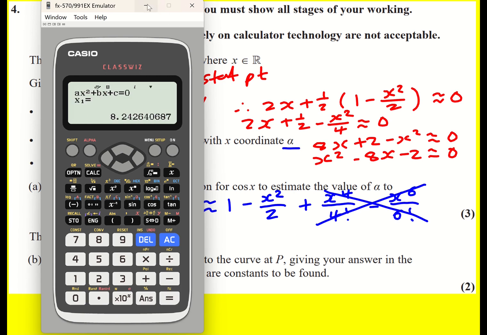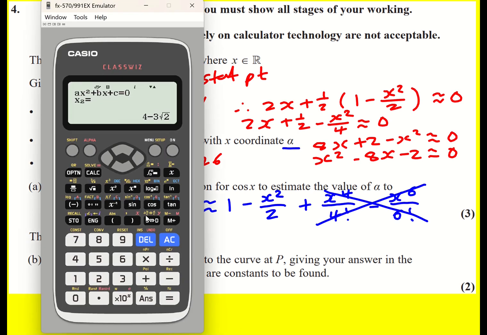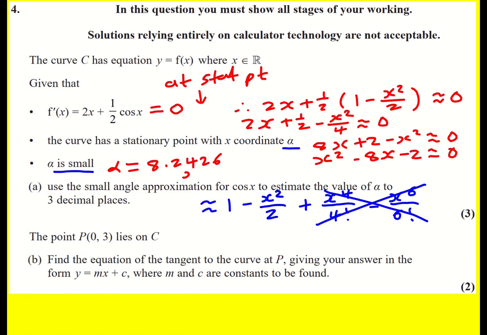So we get 8.2426. I'm going to write alpha now. I could have put it in earlier. 8.2426. But then there's another solution, remember, minus 0.2426. The first one is not small.